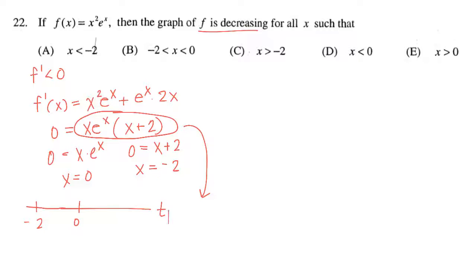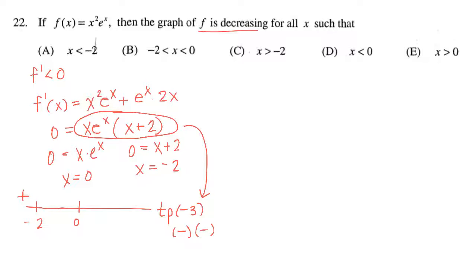Let's pick some values, and we'll go back and look here in the factored form. The first value we can choose would be negative 3. If we plug in negative 3, we would have a negative value on the outside, and then on the inside we would also have a negative, so we have a positive value there. Between negative 2 and 0, let's pick a test point of negative 1.